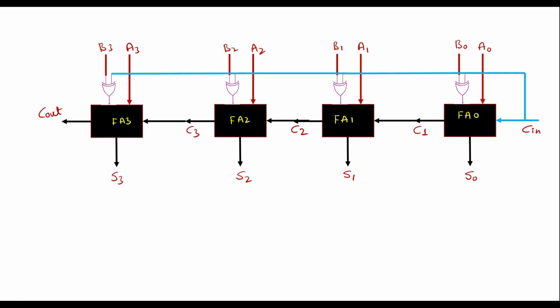So here, if we consider Cin equal to 0, it acts as 4-bit adder, and if we consider Cin equal to 1, it acts as 4-bit subtractor.